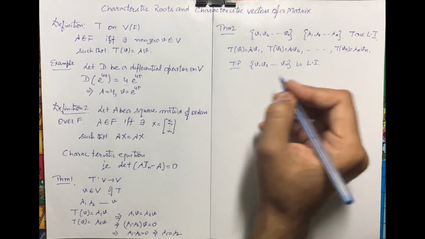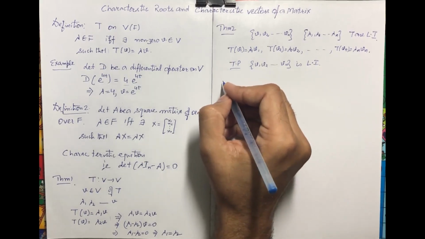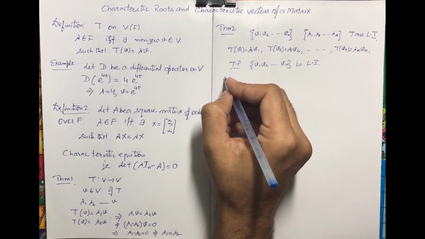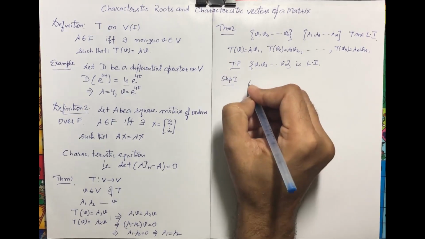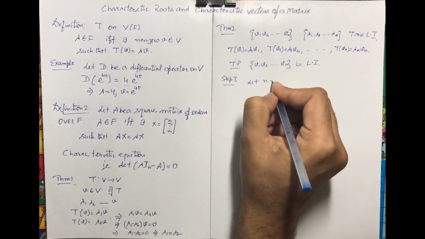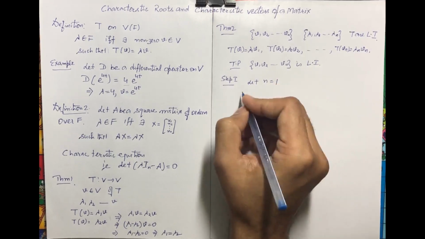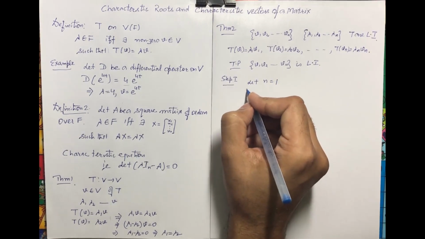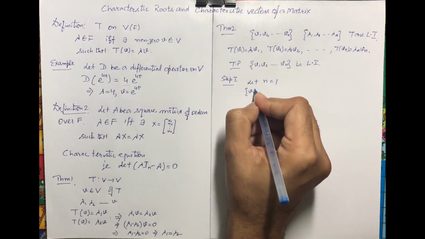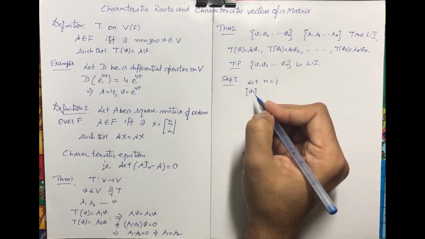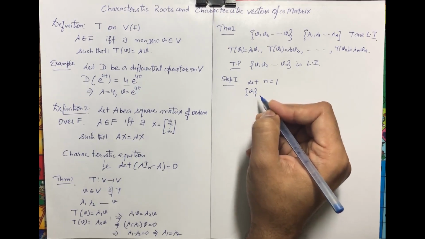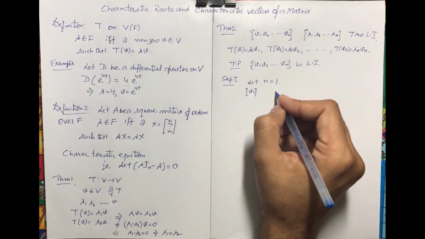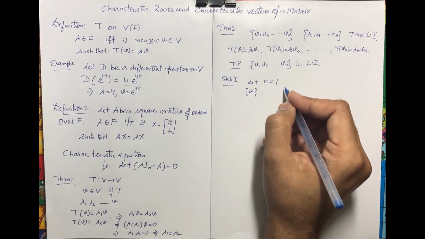We prove this by mathematical induction, and there are 3 steps in mathematical induction. Step 1, let n equal 1. For n equal to 1, we have just one element, and we all know that a singleton set of a non-zero element is always linearly independent. The result is true for n equal to 1.